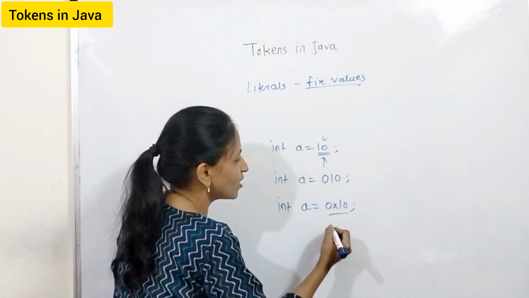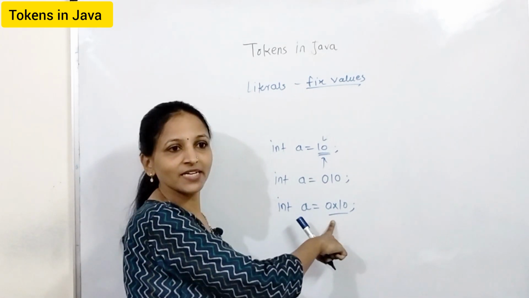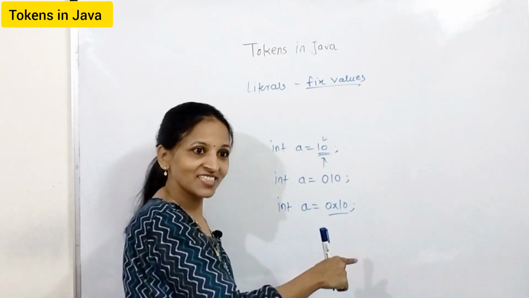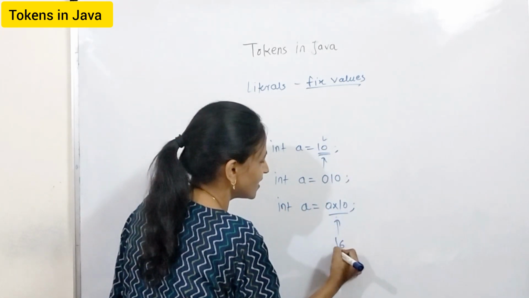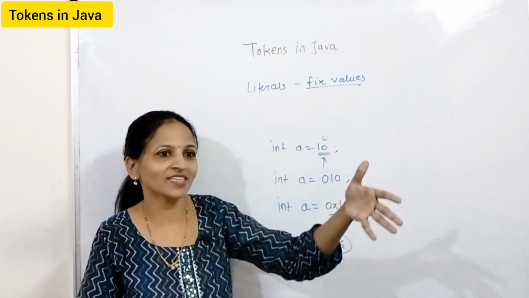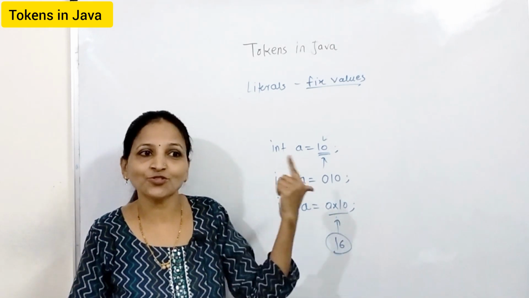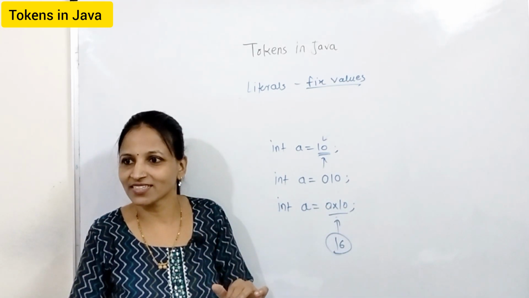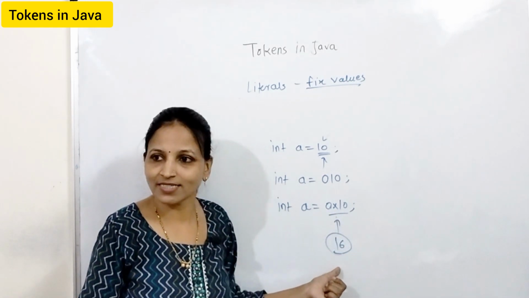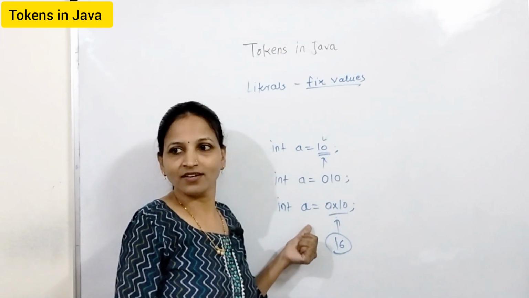The decimal value of this hexadecimal 10 is 1 into 16 raised to 1, which is 16, plus 0 into 16 raised to 0, which is 0. So its equivalent decimal value is 16. It is like you are storing the decimal value 16 to a.